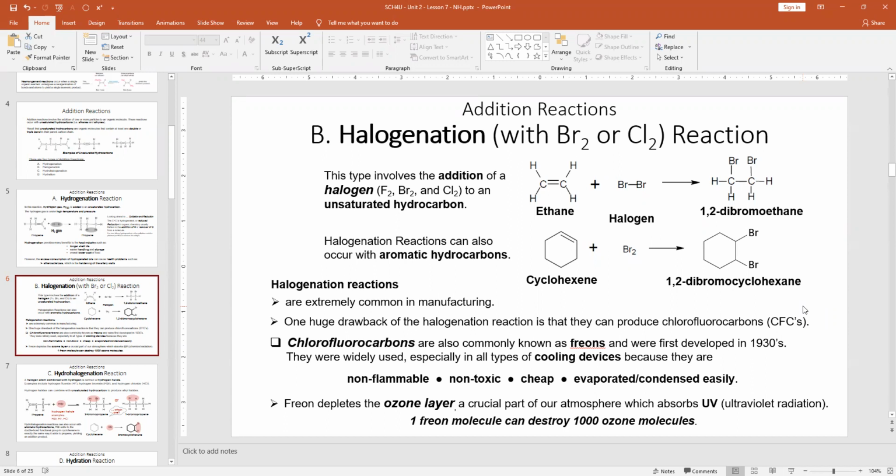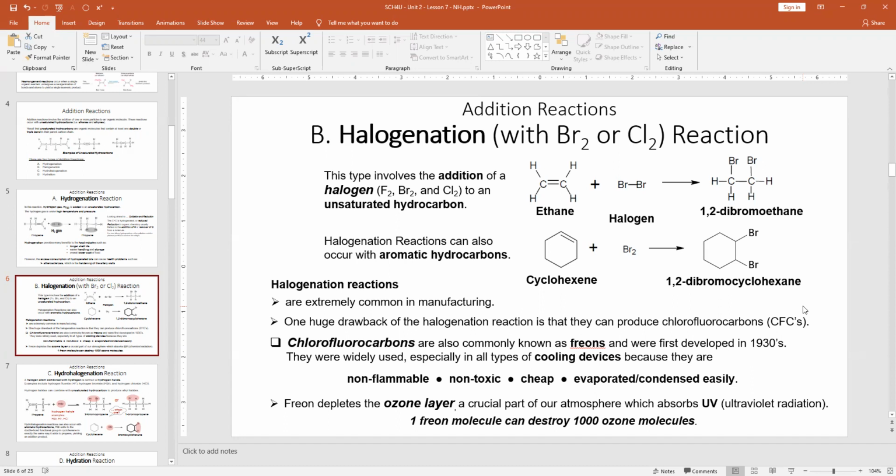Then they were widely used, especially in cooling devices such as air conditioning units or refrigeration units, because they are non-flammable, they are non-toxic, they're cheap, and they go through the evaporation condensation cycle that these cooling devices need and operate on very easily.